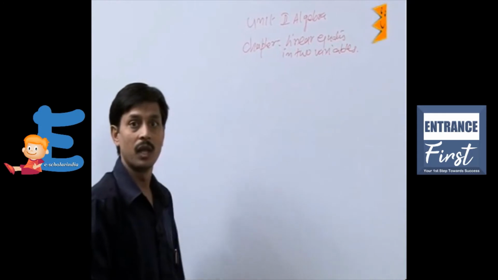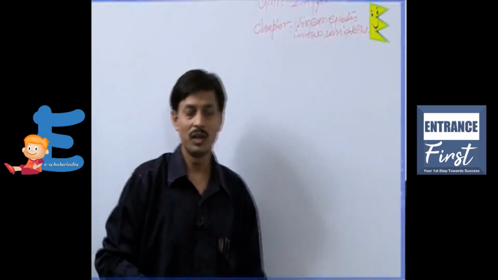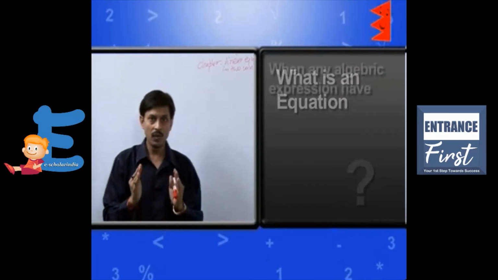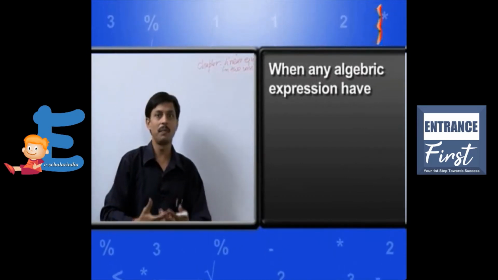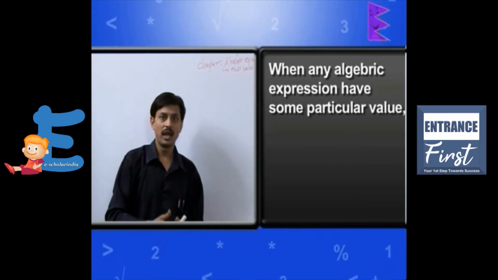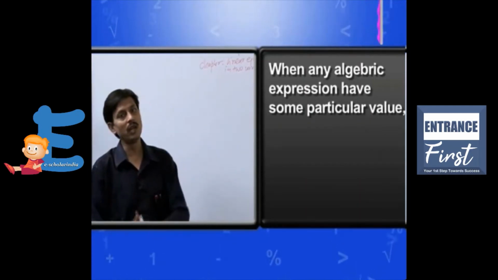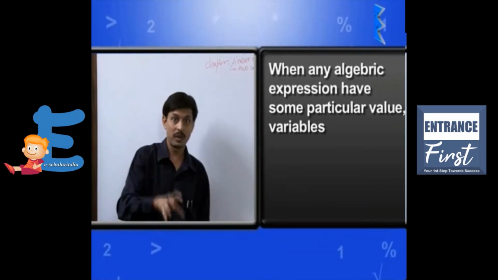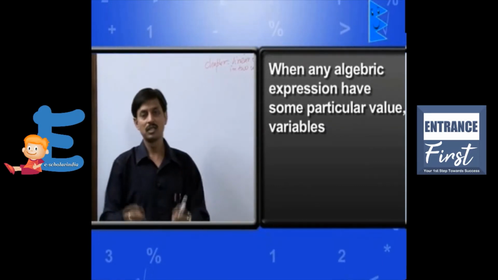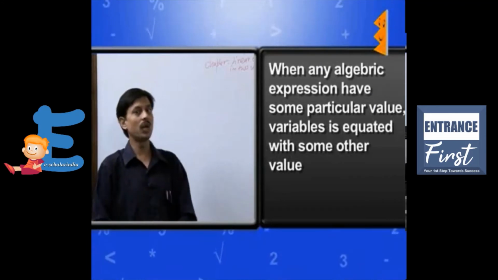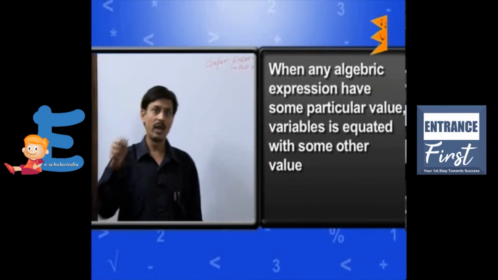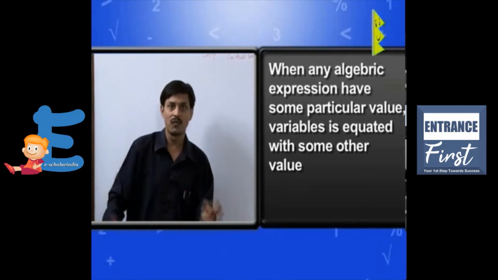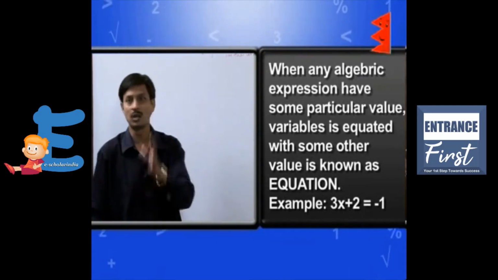First of all, I would like to tell you what an equation is. If we have an algebraic expression, with some terms and some variables, and it is equated with some value, then that expression equated with a value is known as an equation.